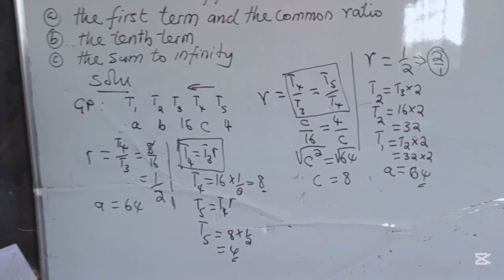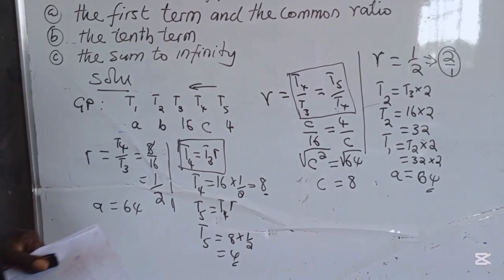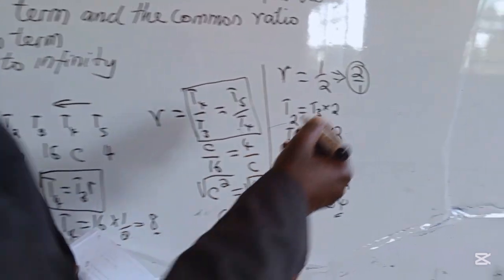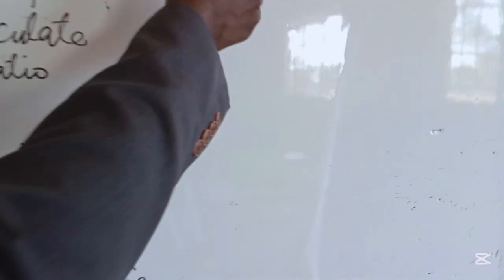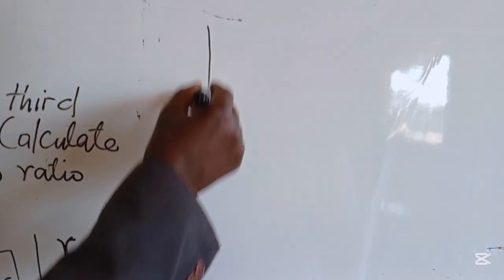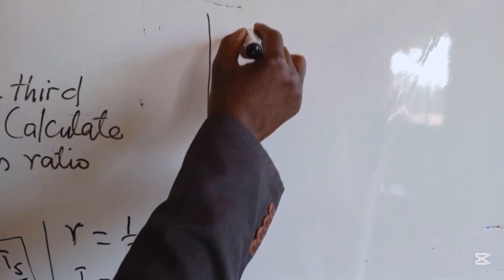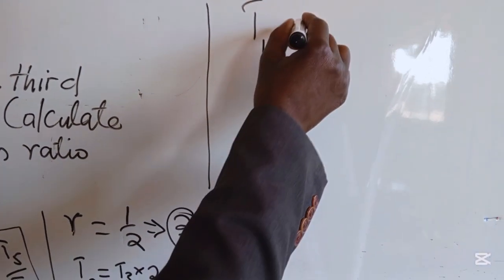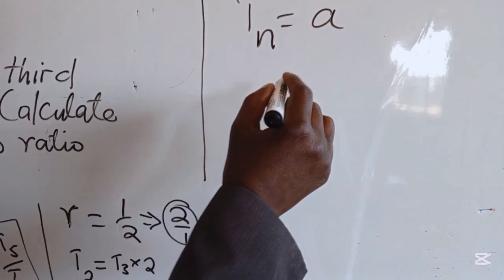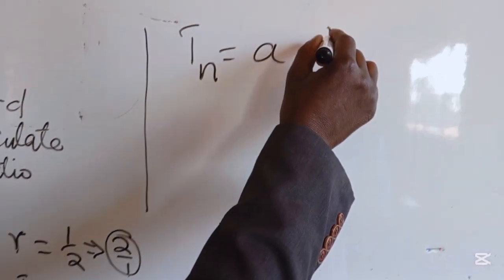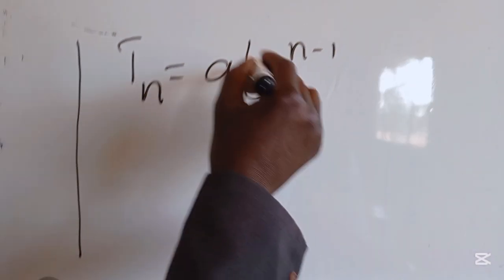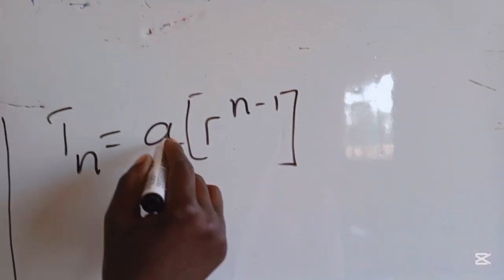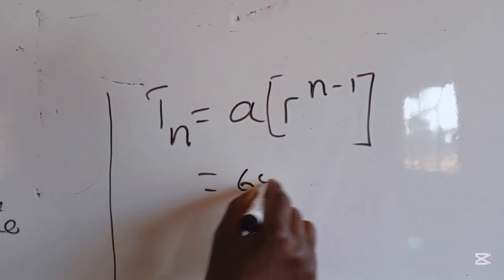Next, find the 10th term. You can agree with me that we are looking for the 10th term. Now you go to the formula, the basics. We say, remember this is the GP, the nth term is equal to the first term times r to the power n minus 1. Remember that this first term now is 64.